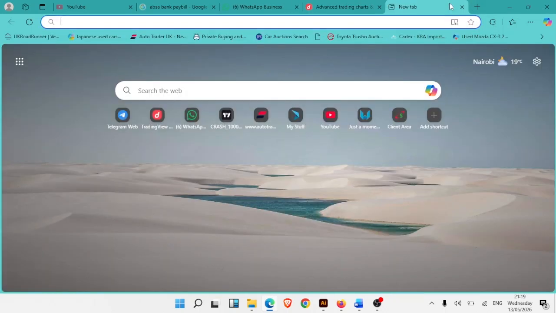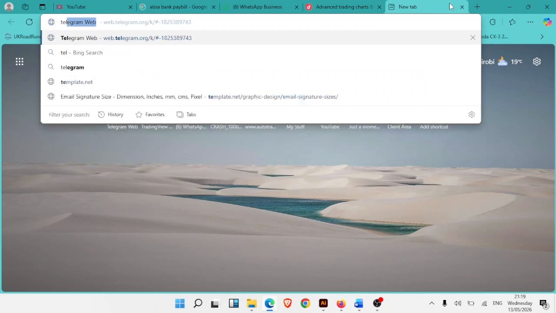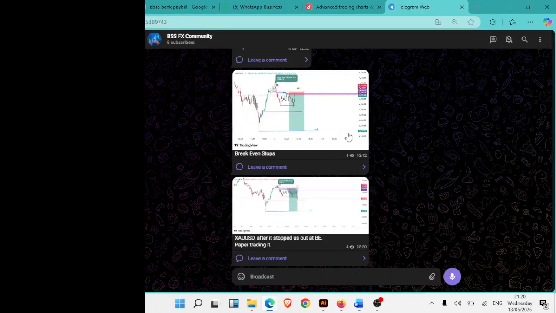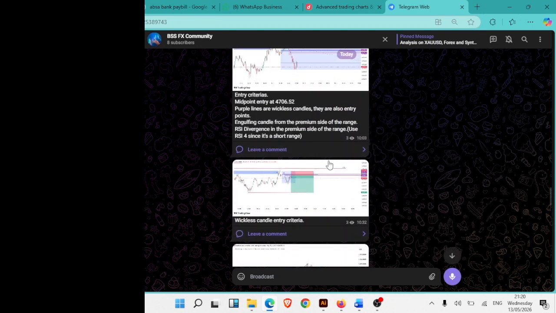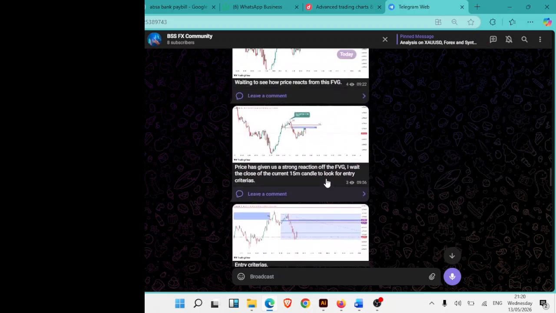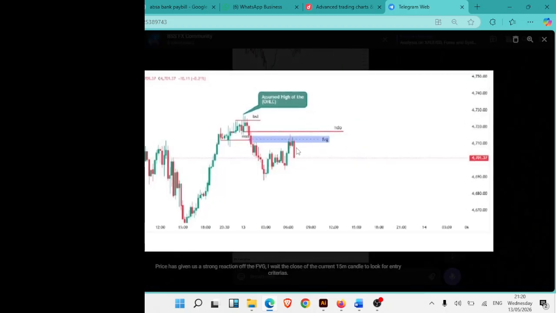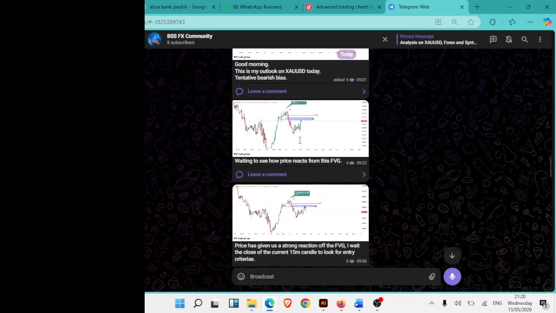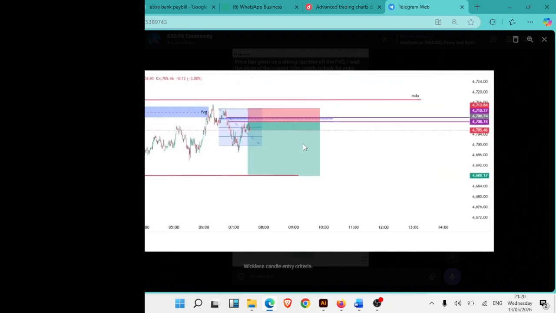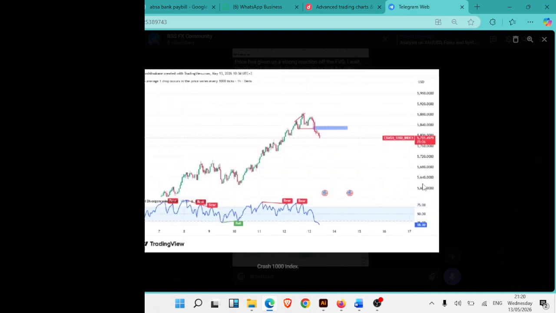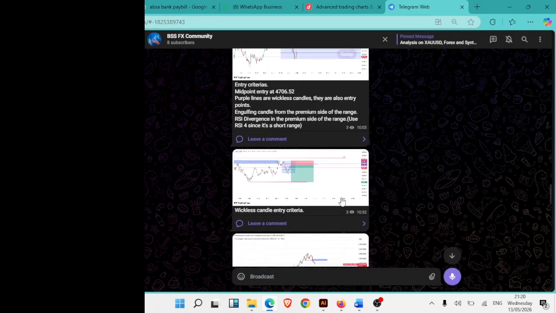Let me look at the charts. Telegram. So this is the community. These were the setups that I shared. Let me see where we had. So this was the buyer's call, and then the reaction, and then me framing entries right there, and then a weekly candle entry right here with first TP marked like that, and then this is for Crash 1000.